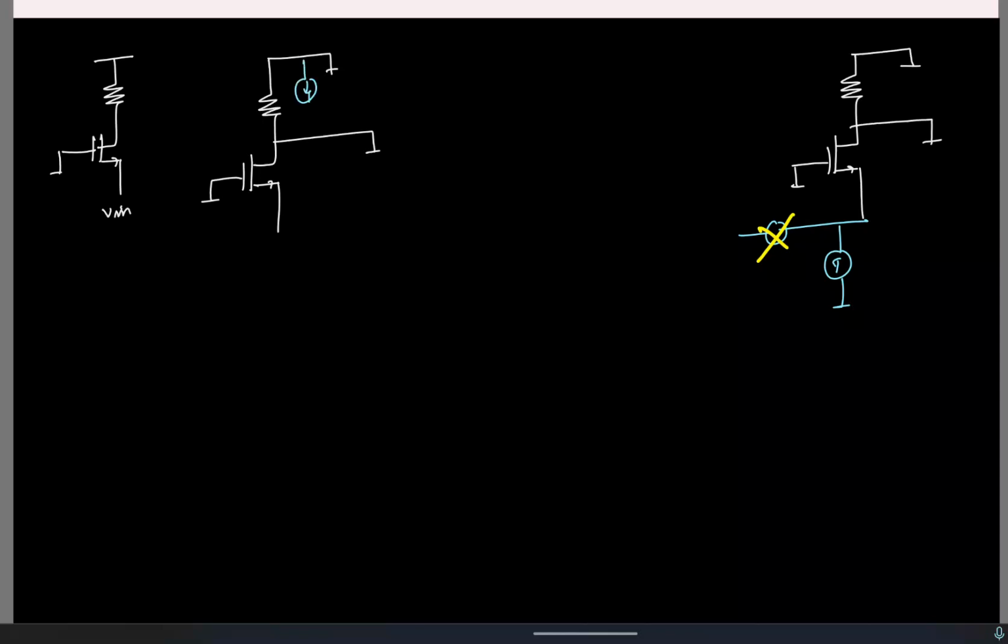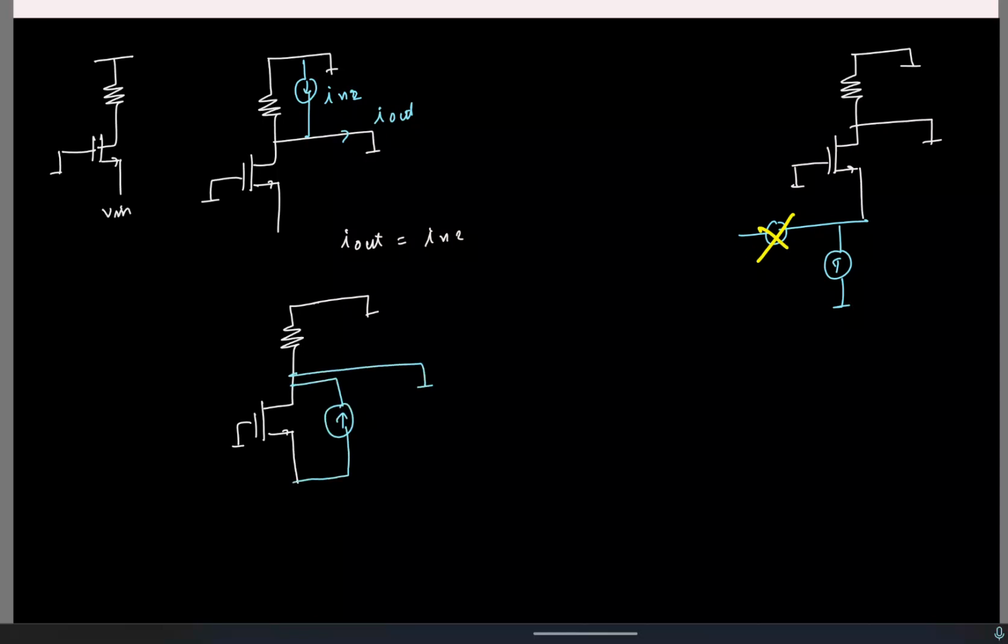First, due to the resistor, I call it IN2, so Iout is IN2. Straightforward. Then let's look at the contribution due to the MOSFET. For the MOSFET, I'll have something like this. What do you think Iout is? 0?